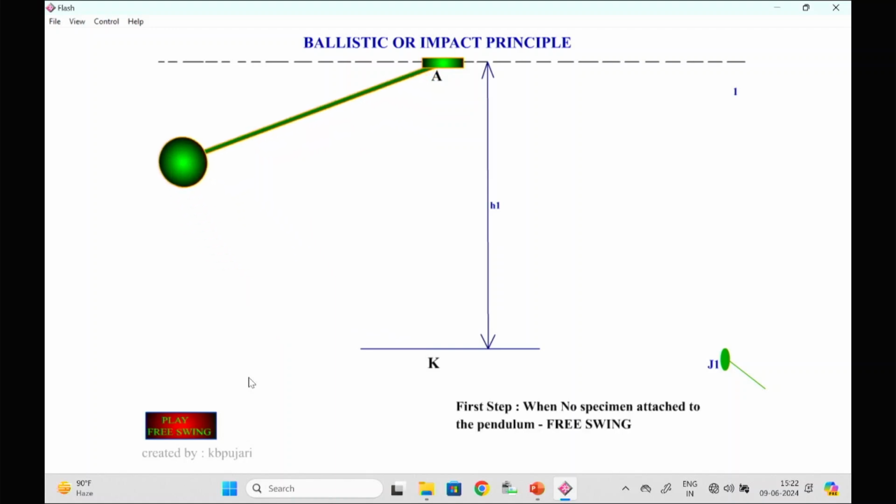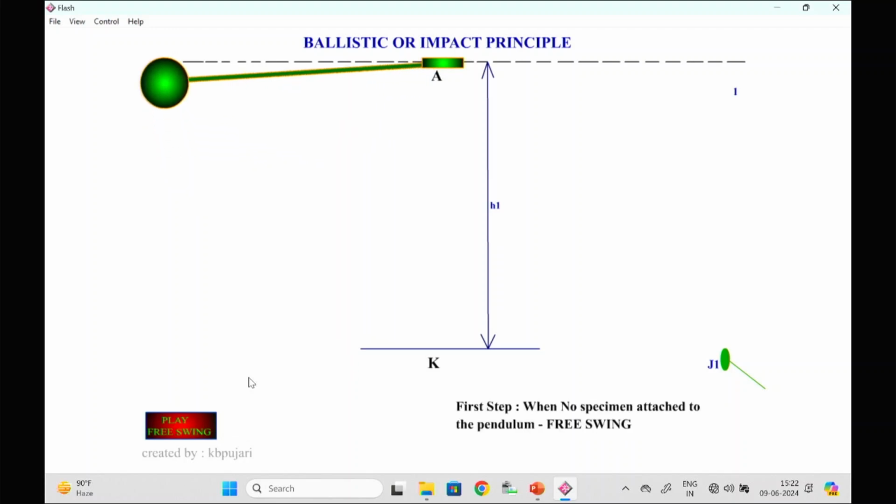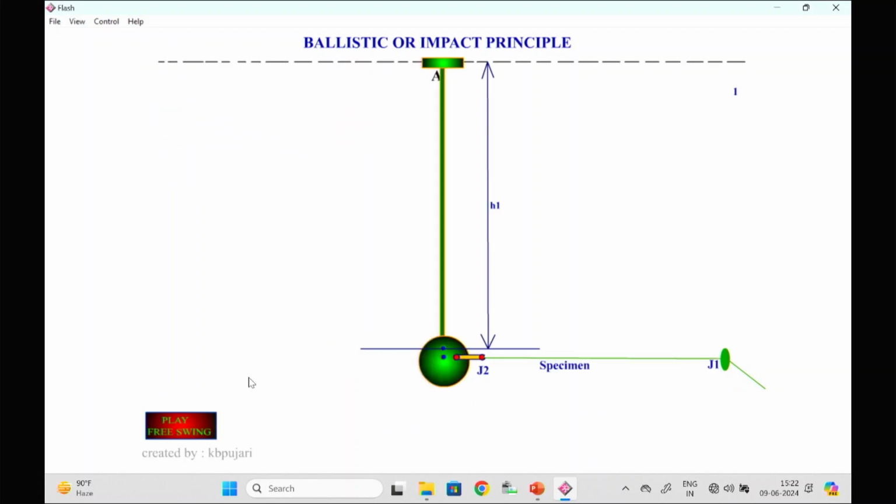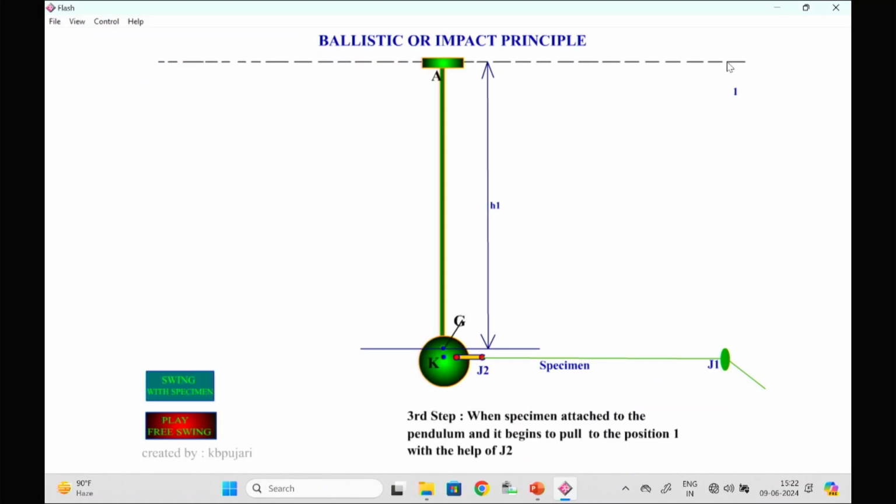So what is happening here: when the pendulum is brought to the horizontal position, potential energy is stored in the pendulum, and when we release it, that potential energy is converted to kinetic energy, and then the energy is utilized.